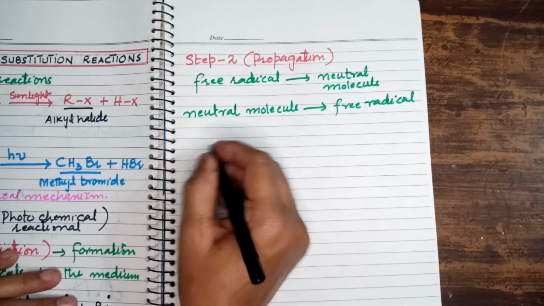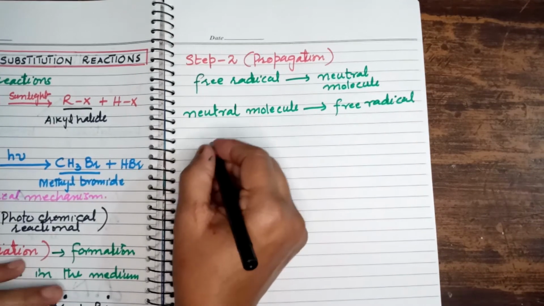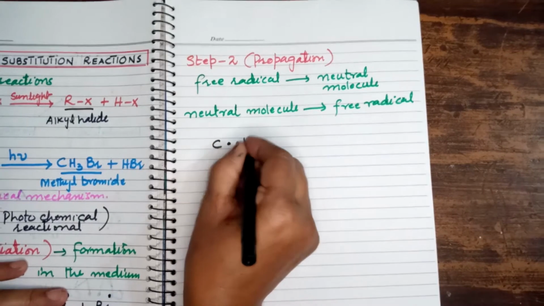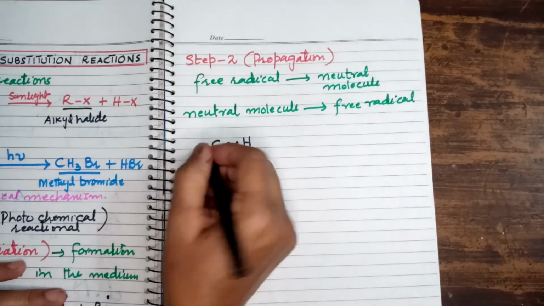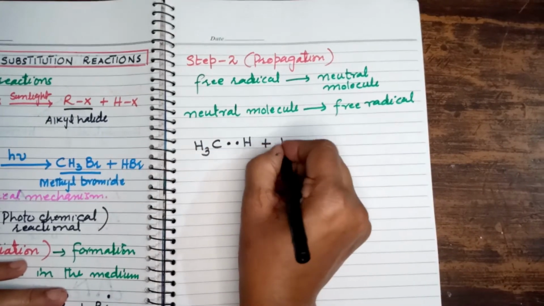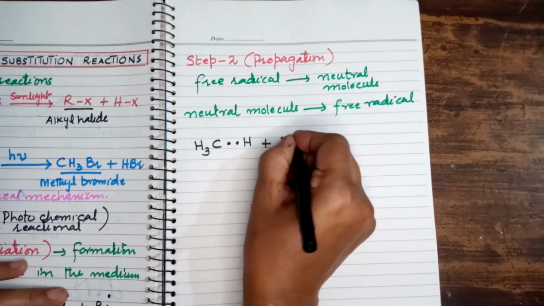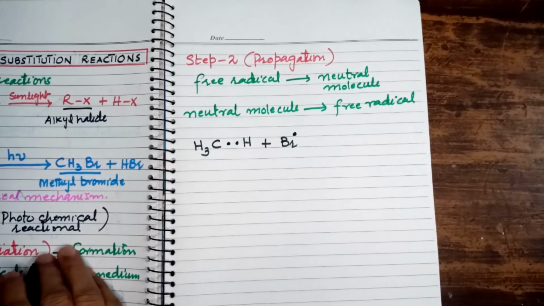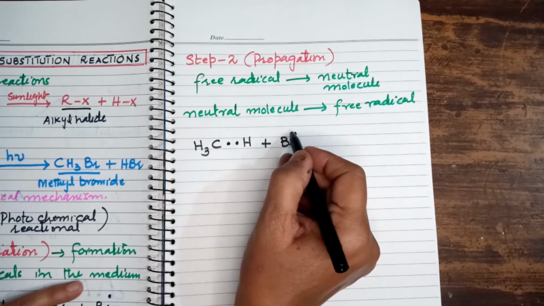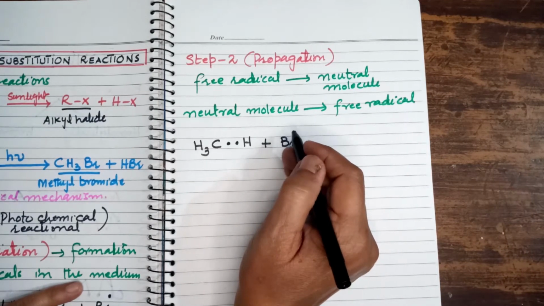Right students? Now let's see how a bromine free radical converts the neutral methane molecule into a free radical. Here we have a methane molecule like this, right? And we write 3 hydrogen atoms in condensed form, and here we have a bromine free radical. Now what will happen students? This bromine free radical will attack this molecule, right?